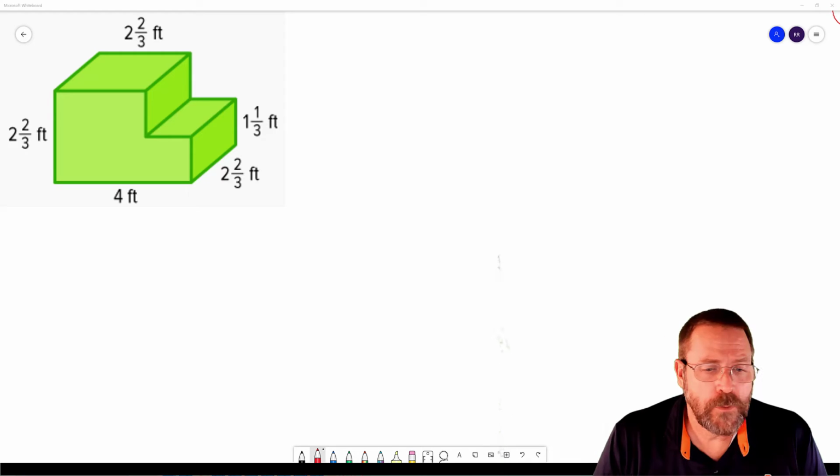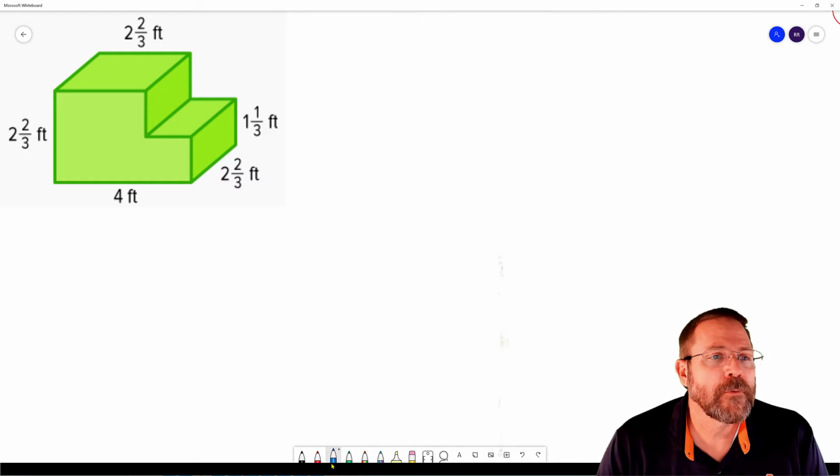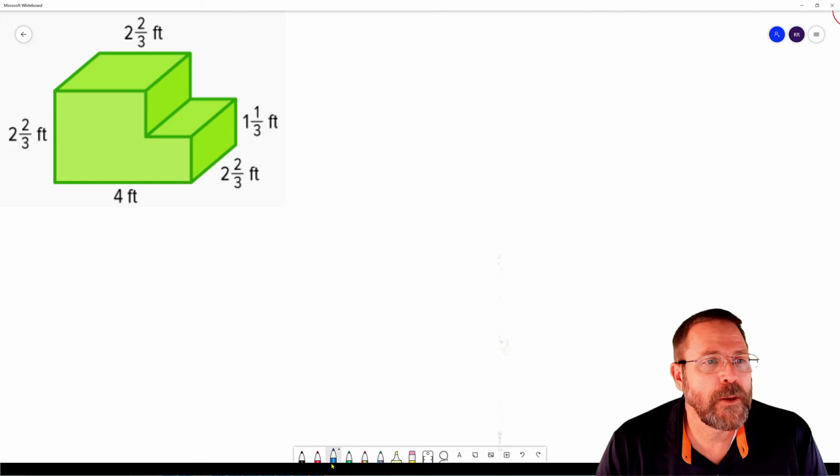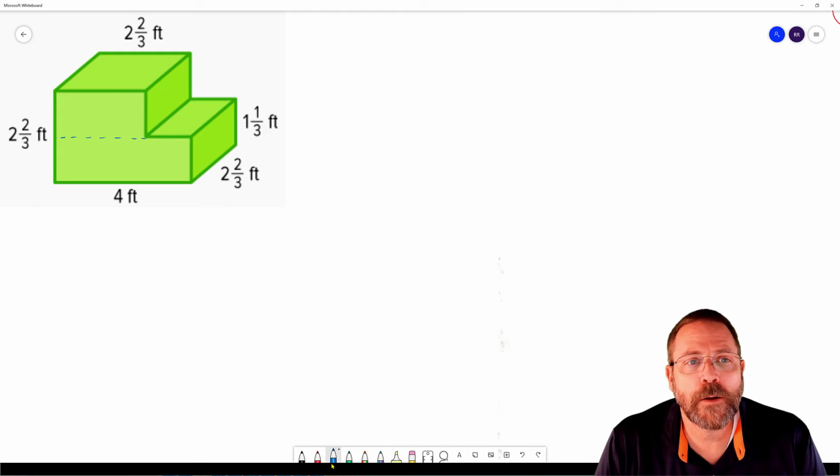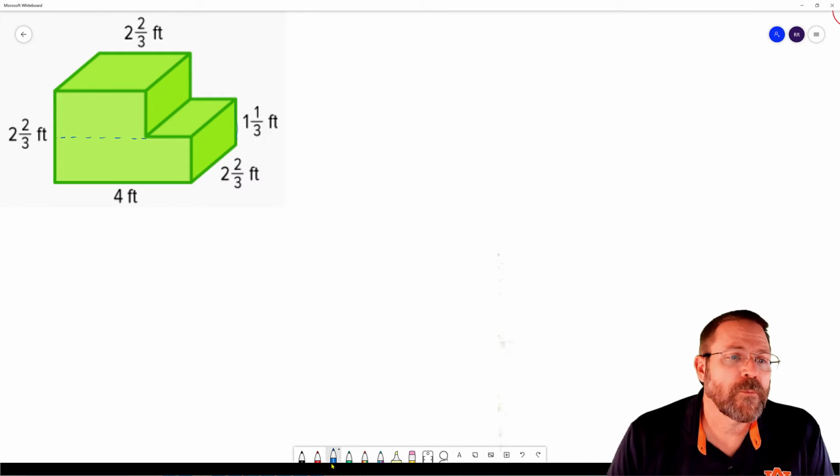I'm going to start off by taking this piece on this side right here, and cutting it into 2 separate rectangles. I know this rectangle has a base of 4 and a height of the same 1/3 that you see on that side, but I don't know how tall this piece is. To find out, we're going to start off with some subtraction.